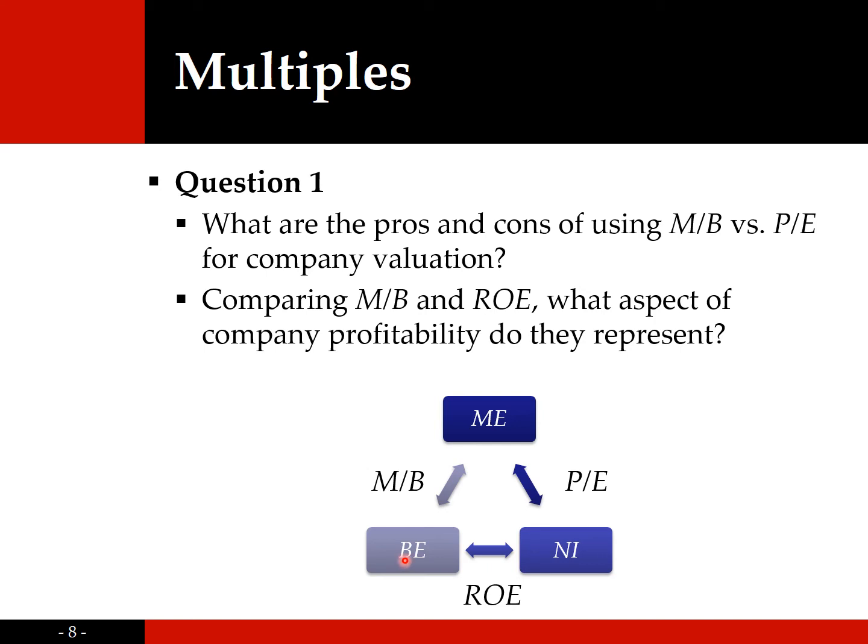And today we are defining two additional measures, that is to say the market value of equity to book value and the market value to the net income. And I want you to compare two of the three measures, the market to book here and the ROE there, and discuss what aspect of the company's profitability they represent.